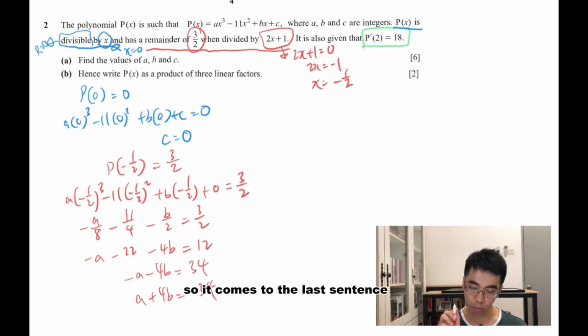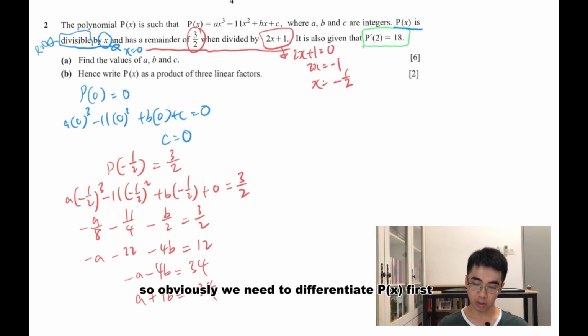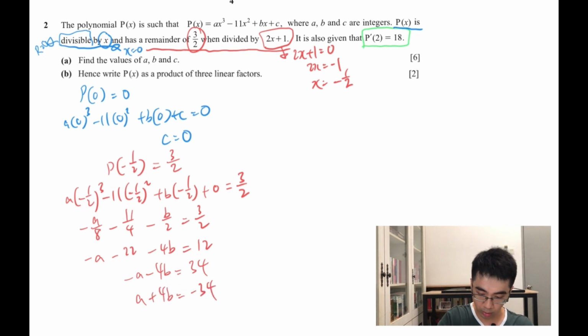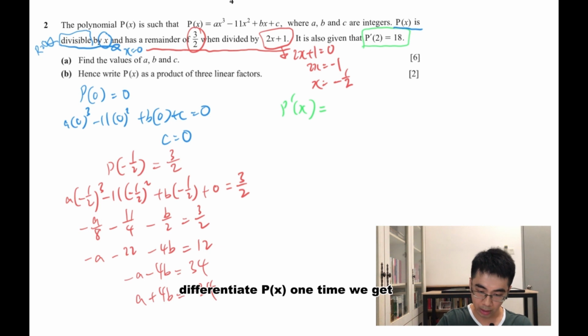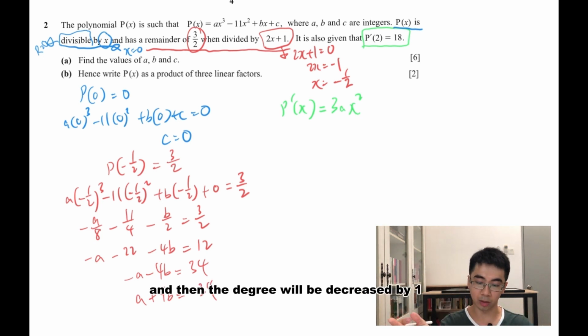So it comes to the last sentence, the green part about the differentiation. Obviously we need to differentiate p of x first. So just do it. Differentiating p of x once, we get 3ax to the power 2, because the power 3 becomes the coefficient, and the degree decreases by 1.